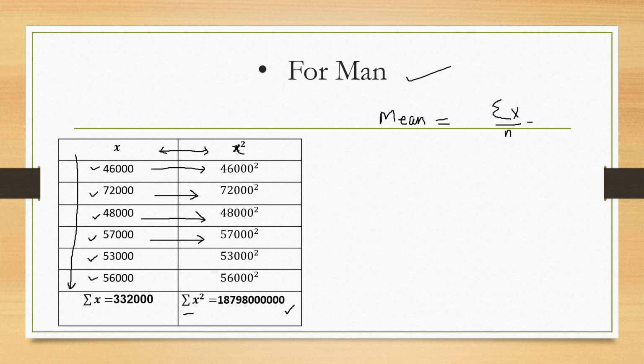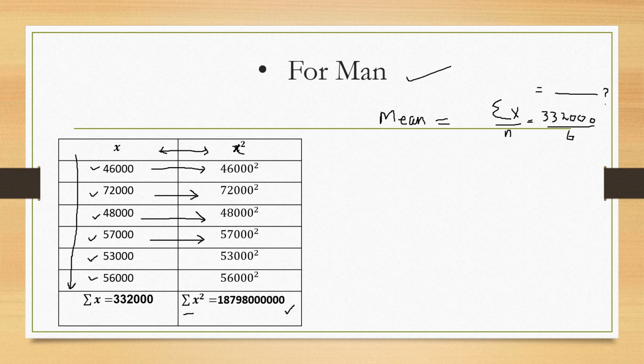So the sum of x we have is 332,000, divided by the total number of values, which is 6. Then here you will find the mean of the data. Here will be the answer.